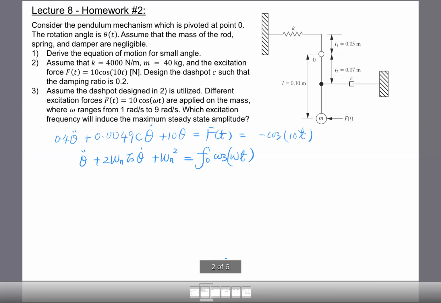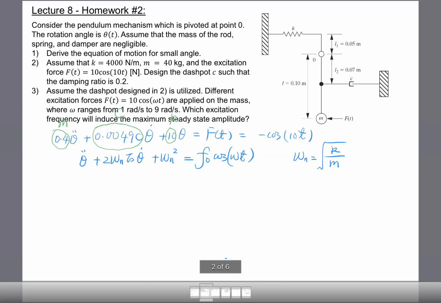So what is omega n? Your omega n is simply the square root of k over m. If you don't recall what k and m are, k is whatever coefficient is in front of theta, and m is whatever coefficient is in front of theta double dot. And in this case, your c is whatever coefficient is in front of theta single dot.